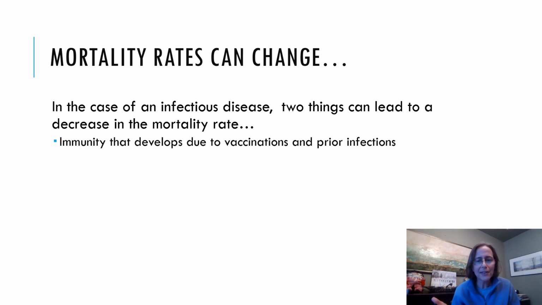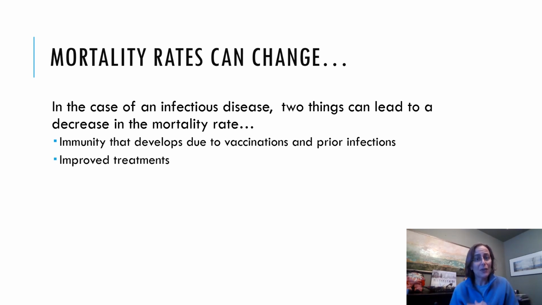One, which you probably already knew, is that the population develops immunity to the infection, either because of vaccines or prior infections, or both, actually. And we have really strong data that shows that if you have had COVID infection and you have had the vaccine, you have really the best immunity that there is and the best protection against severe disease going forward. So immunity that develops either because of vaccines, infection, or both, as well as improved treatments.